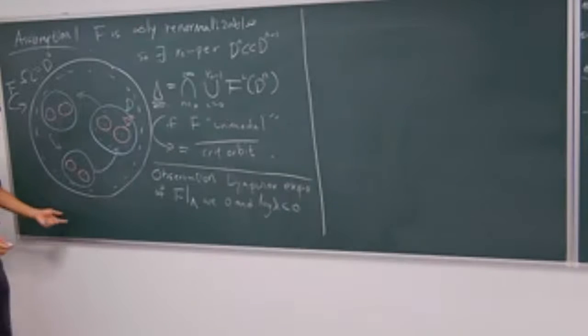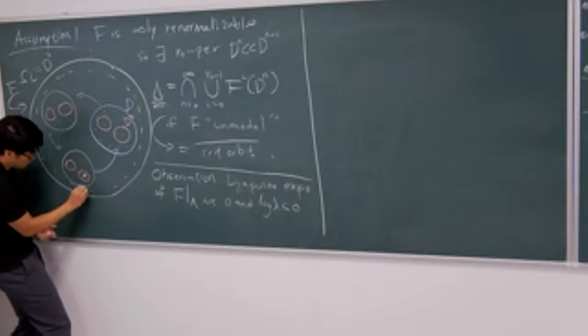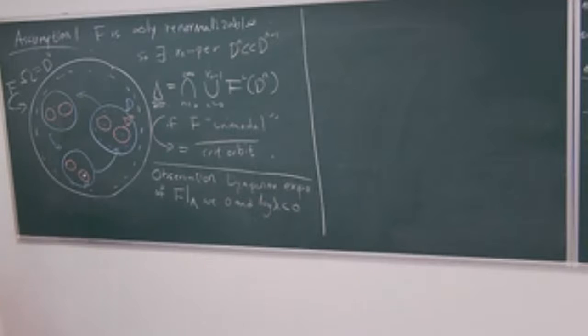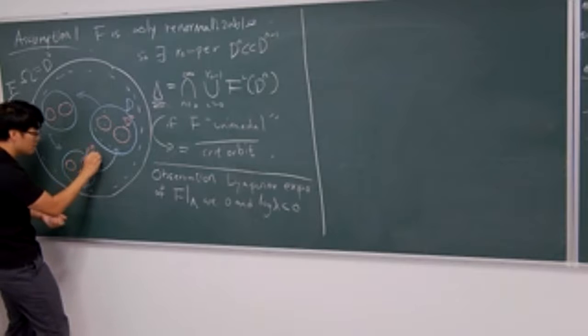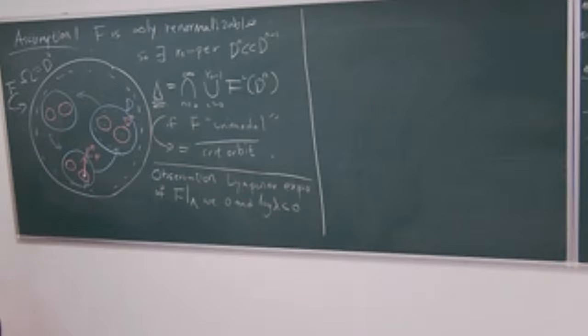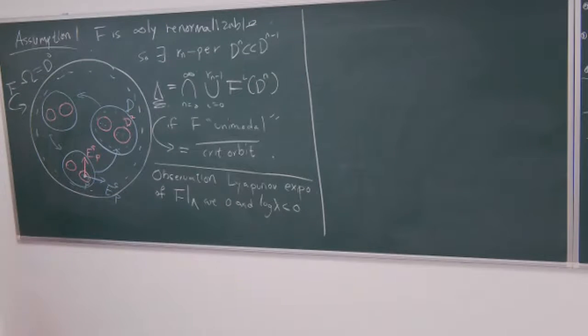So what does this mean? It means that for a typical point in the odometer, let's say P is a typical point, then it has two distinct directions: E^s_P for the stable direction at P, and E^c_P for the center direction at P, with Lyapunov exponent 0.